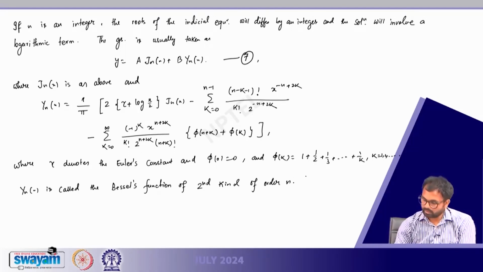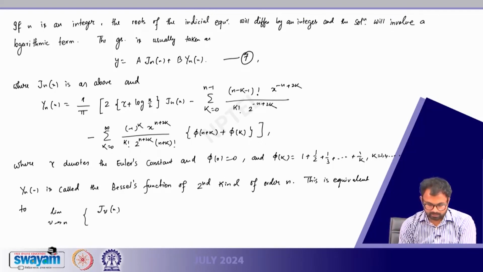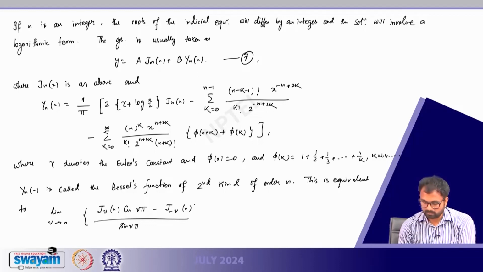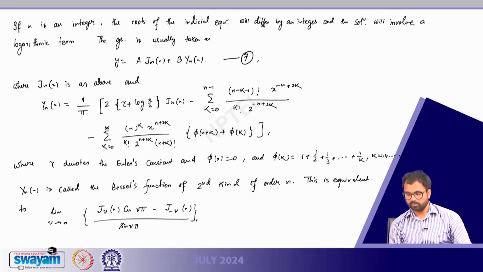And this is equivalent, we can write in terms of a limit, to the limit as nu tends to n of [J_nu(x) cos(nu pi) - J_{-nu}(x)] divided by sin(nu pi).